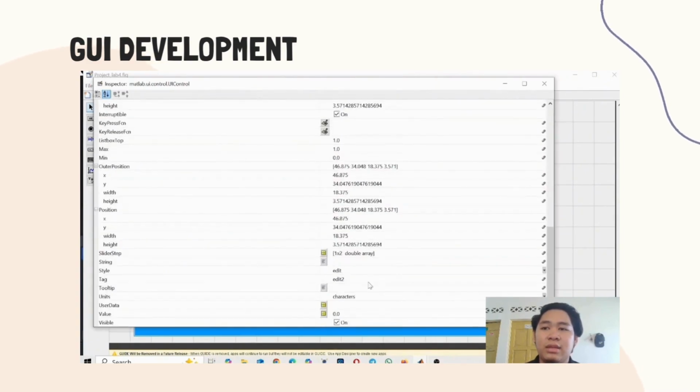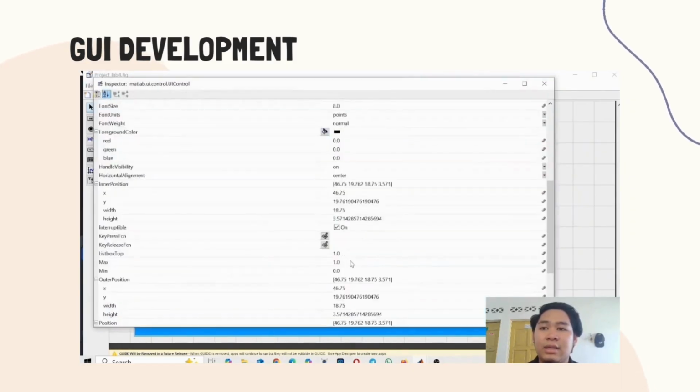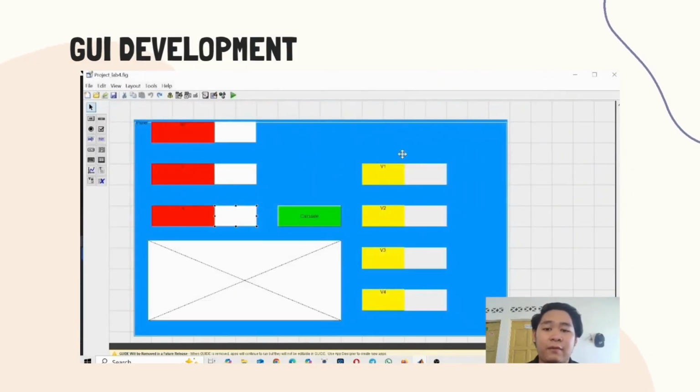The tag we set is edit 2 for R5, for the voltage source we set edit 4, and for the current source we set edit 6. But for the output, we do not use edit text. We use static text. The static text is a value we cannot change after we run.